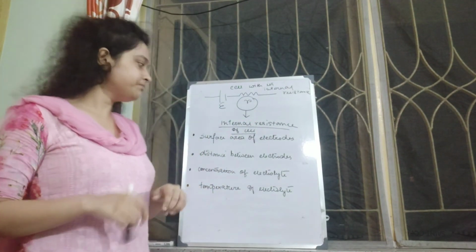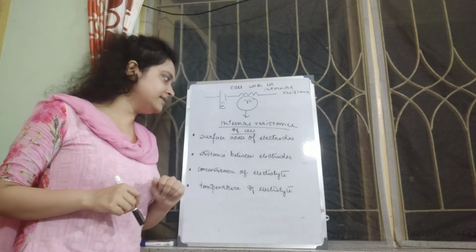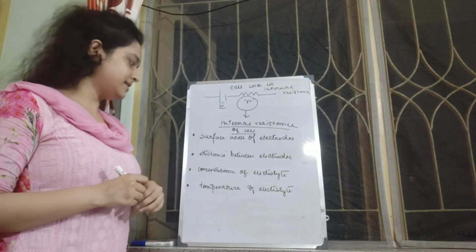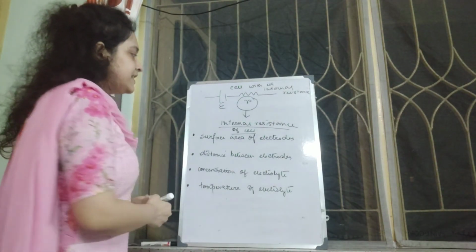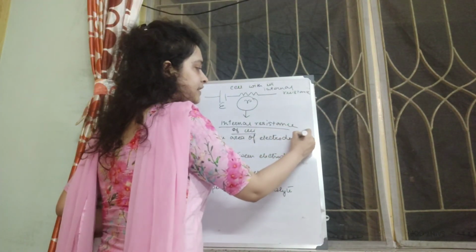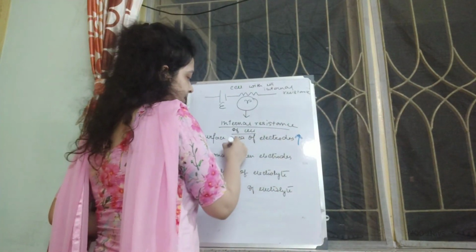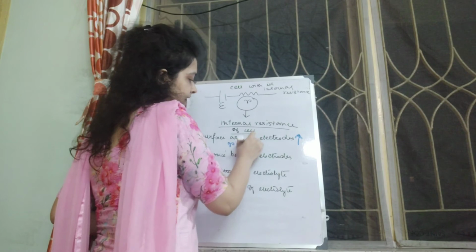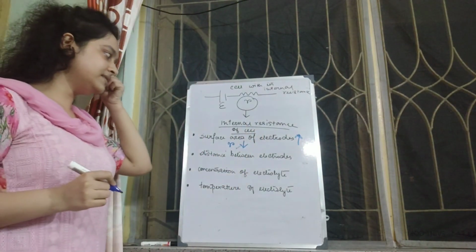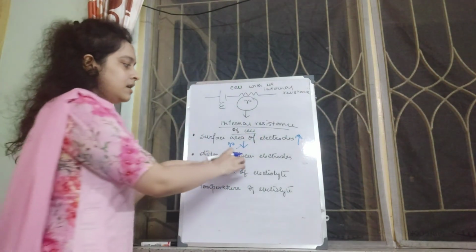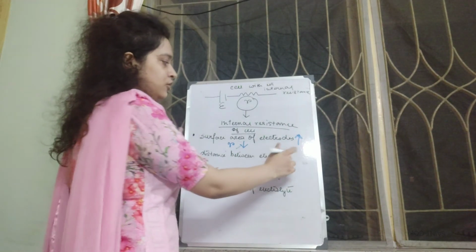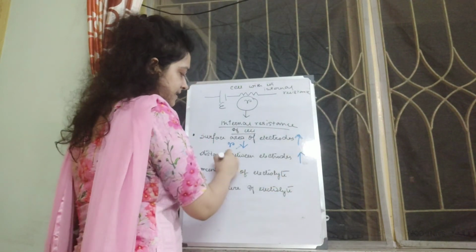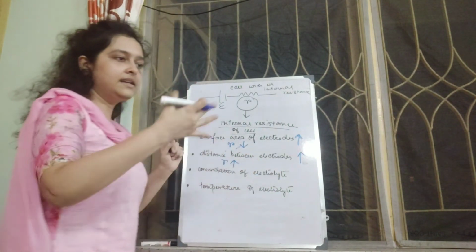Now this internal resistance depends on a few factors. If the surface area of the electrodes increases, the internal resistance will decrease. If the distance between the electrodes increases, obviously internal resistance will be more.